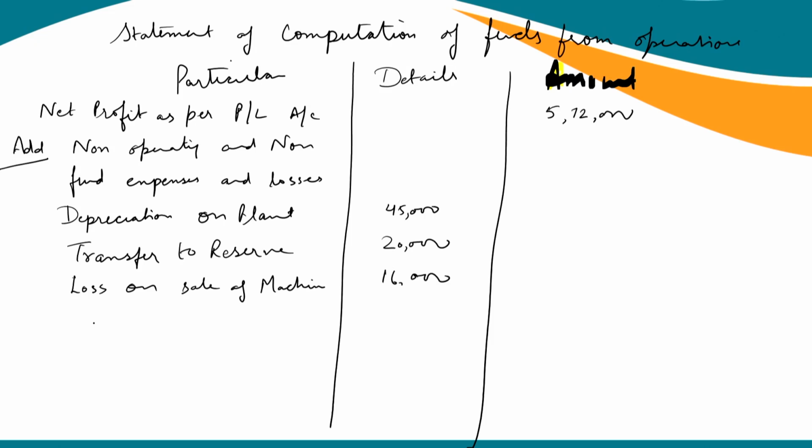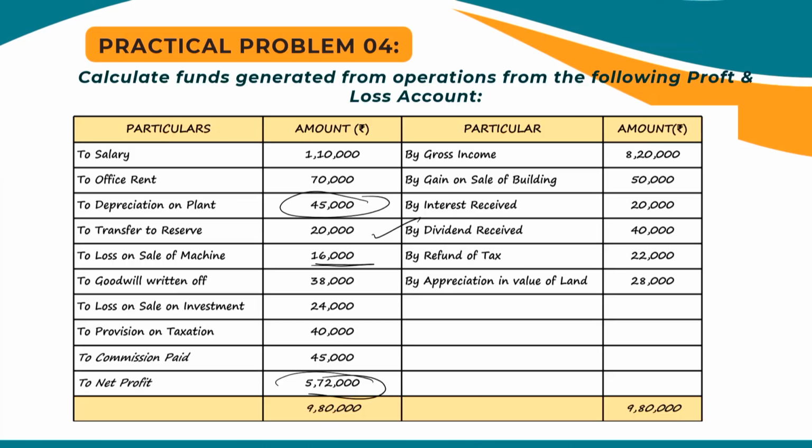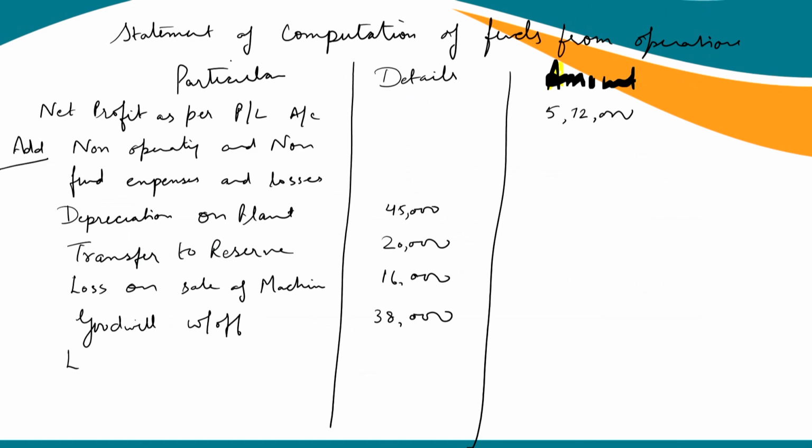Then next is goodwill written off amounting to rupees 38,000. Then loss on the sale of investment, non-operating, amounting to rupees 24,000.